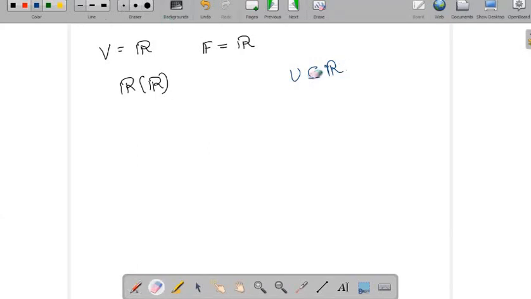I want a proper subset. Why? Because R itself can be seen as a subset of R, but it is an improper subset. But I need a proper subset. Is it possible to find a subset of R that becomes a vector space?